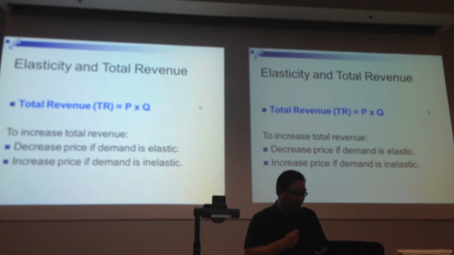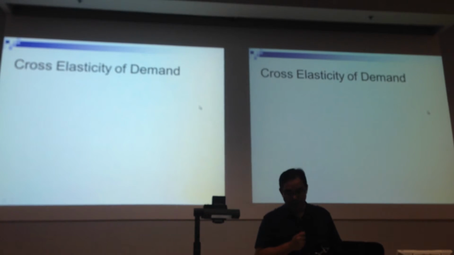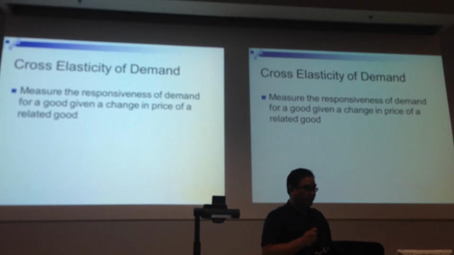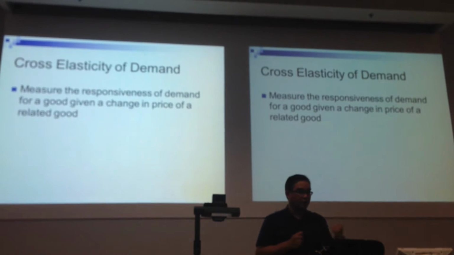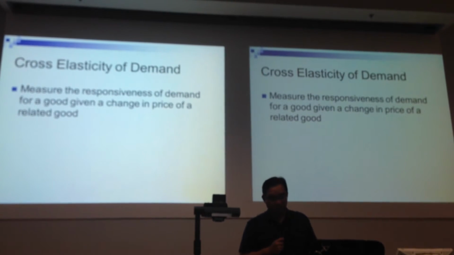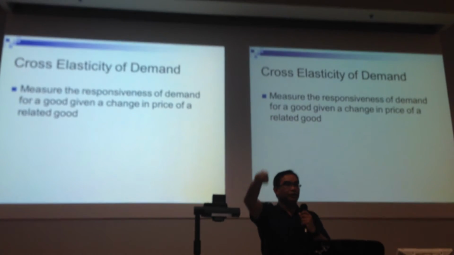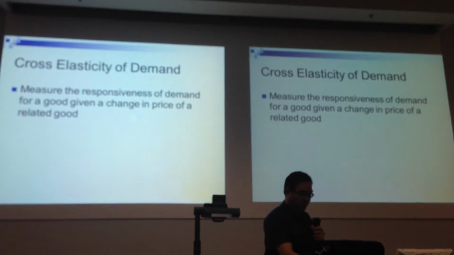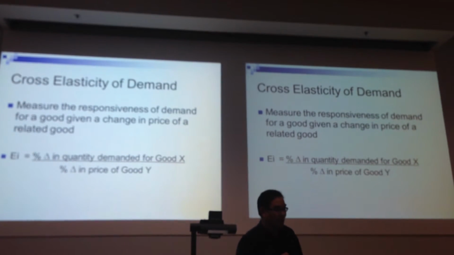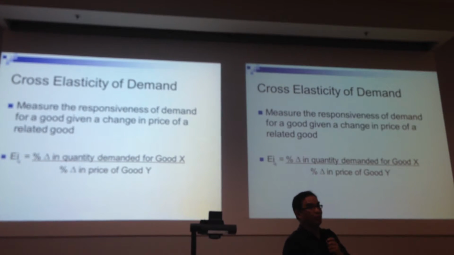Okay, next we move on to the cross elasticity of demand, which measures the responsiveness of demand for a good given a change in the price of a related good. So in cross elasticity, we are comparing two goods: how the change in price of one good will affect the quantity demanded of another good. And for two goods X and Y, sorry, there's a typo here, this should be EXY.